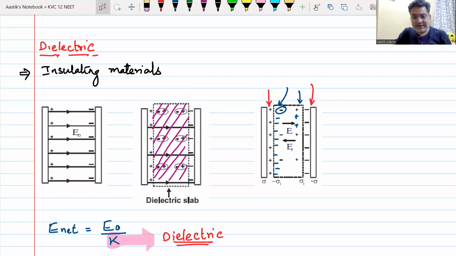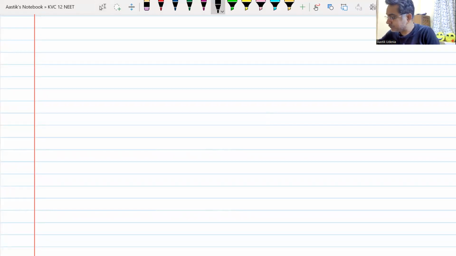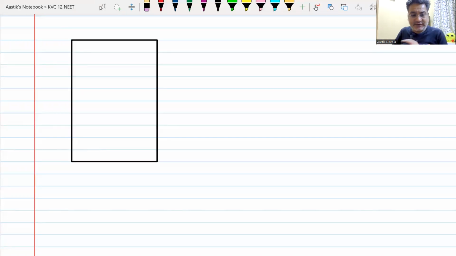So we understand this. In terms of capacitance, I will try to draw a diagram without the capacitor and try to make you understand what happens when there is a dielectric inside an external electric field. What we have here is a dielectric, as you can see.